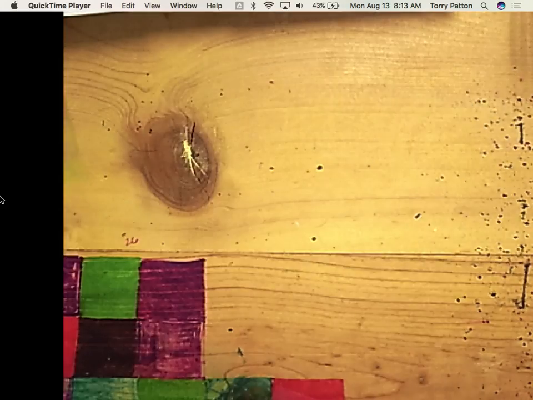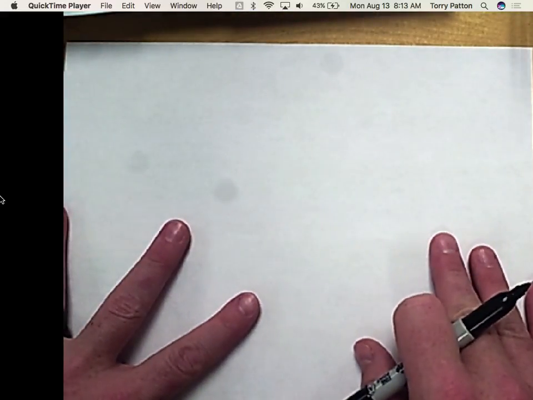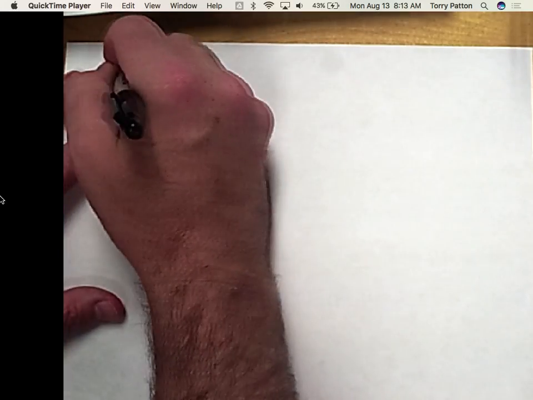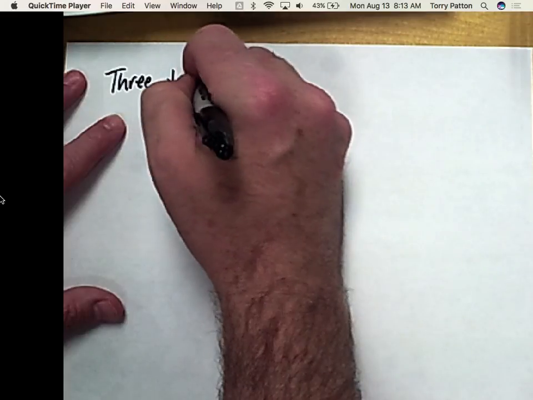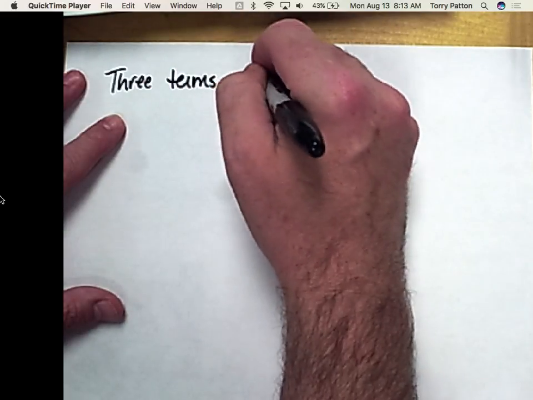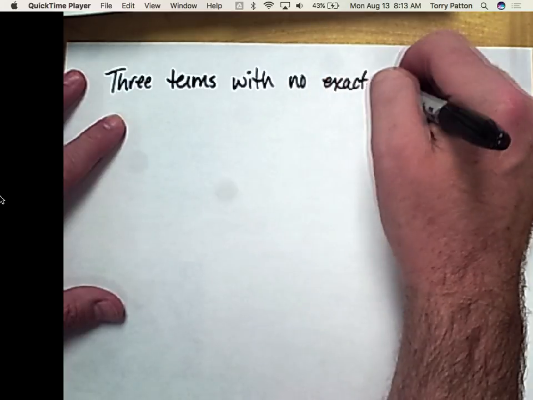One other thing. Now, this is strange, and you're going to think I'm crazy for how I explain this, but in geometry, there are 3 terms with no exact definition.